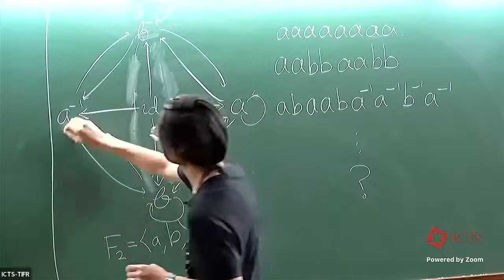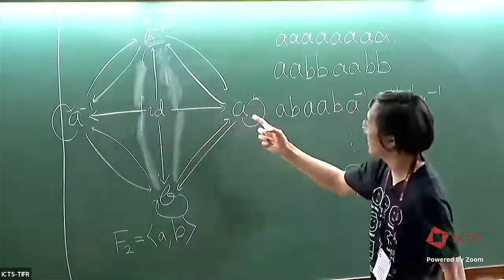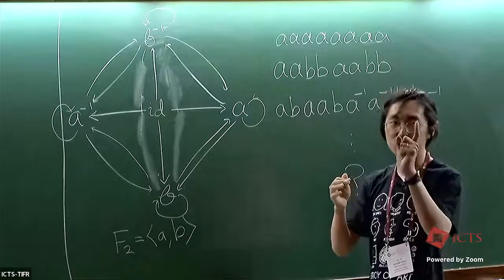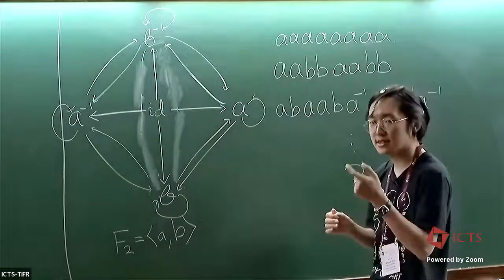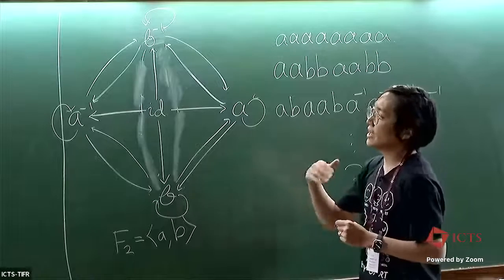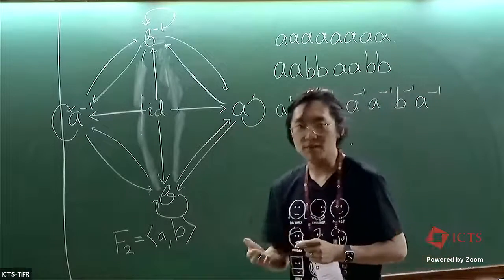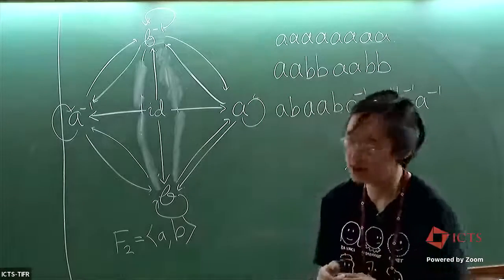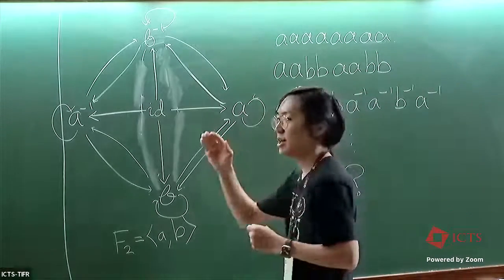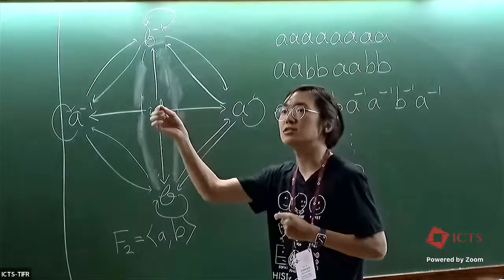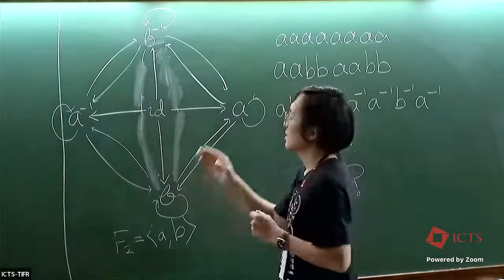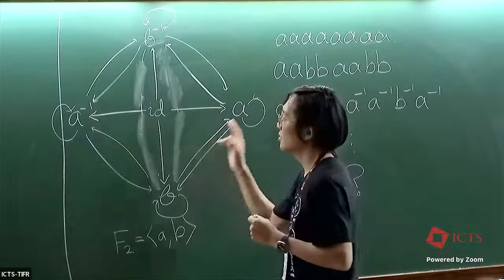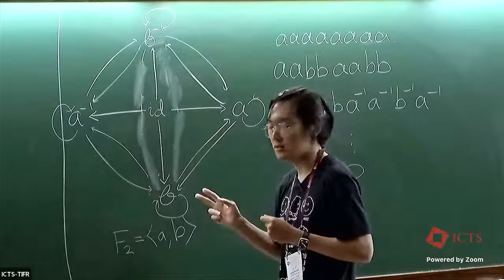So what's the rule? Suppose you have walked to A, and this is the first word you have obtained, at step 1, you generated A. What's the second step? You can generate either AA or AB or AB inverse. They are totally legit, but AA inverse is prohibited. So going from distance 1 to distance 2, you shouldn't add A inverse. Only the three other letters are valid.